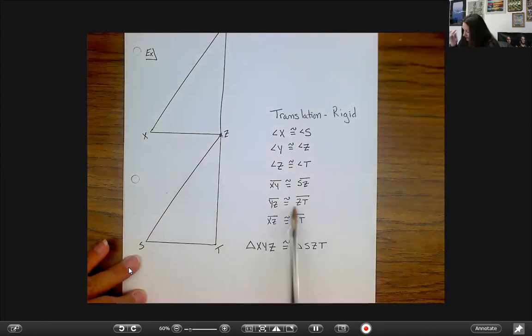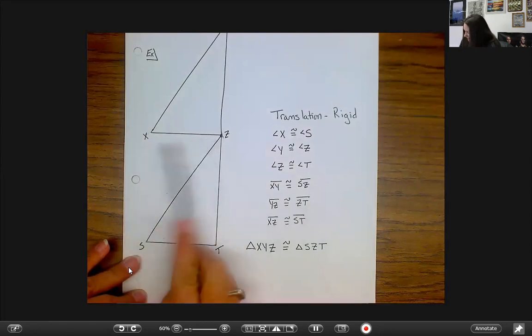YZ is congruent to ZT, and XZ is congruent to ST.